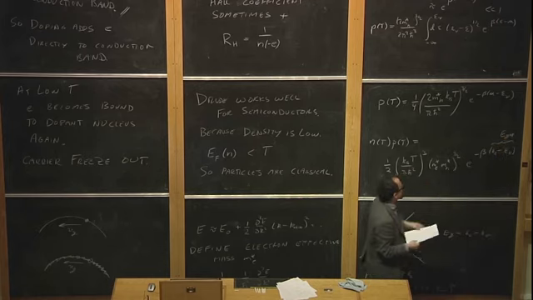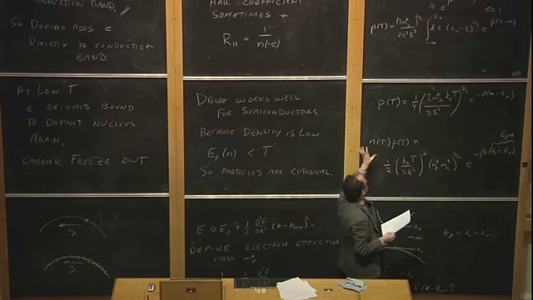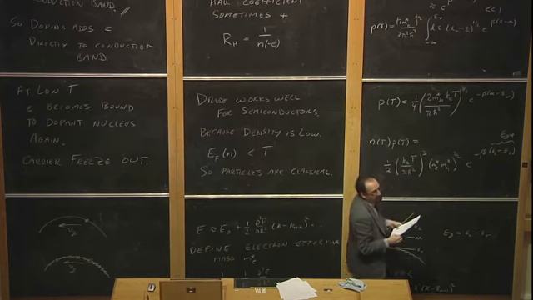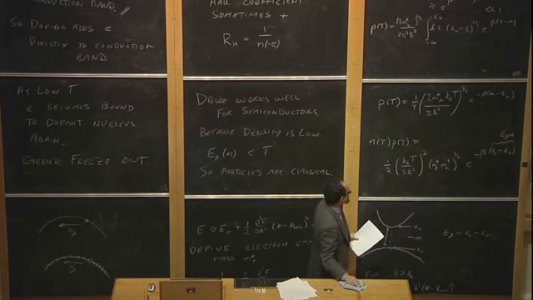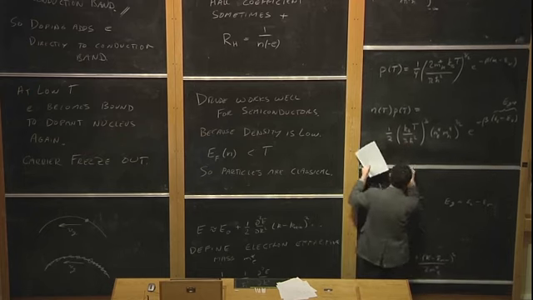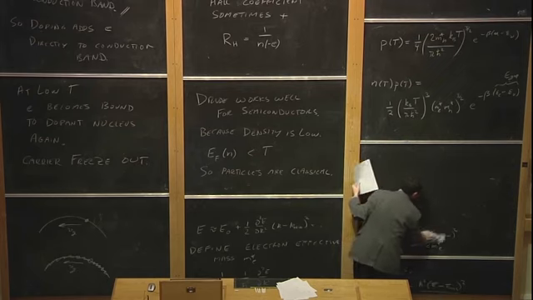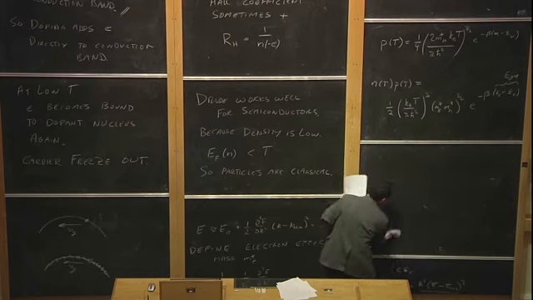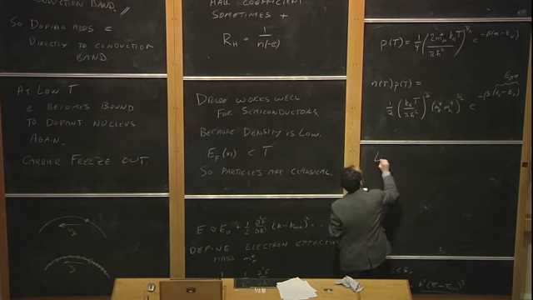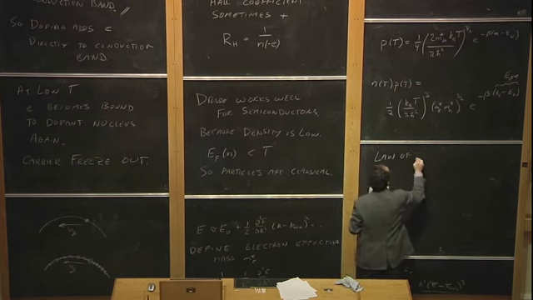So if you know the gap energy and you know the temperature, you know the product of the number of electrons in the conduction band and the number of holes in the valence band. And this law, a very important law, is known as the law of mass action.